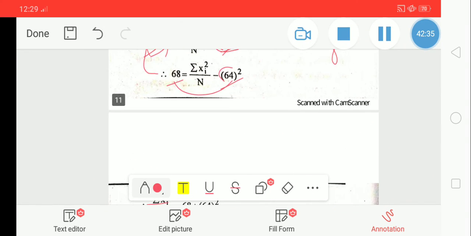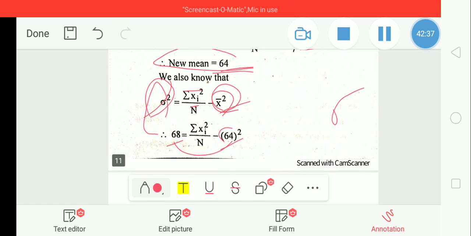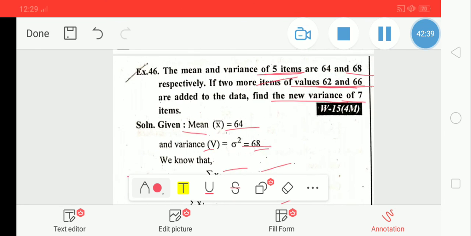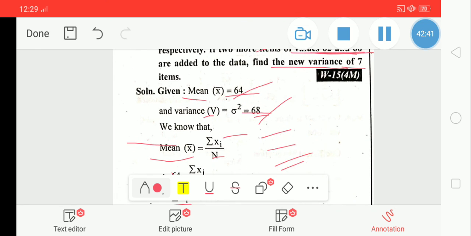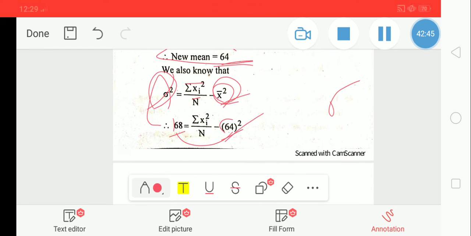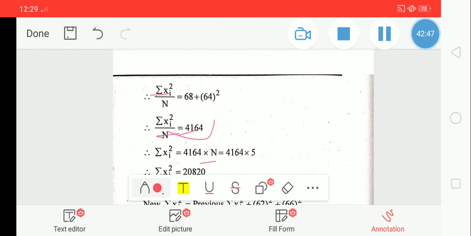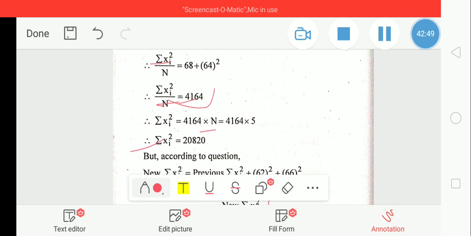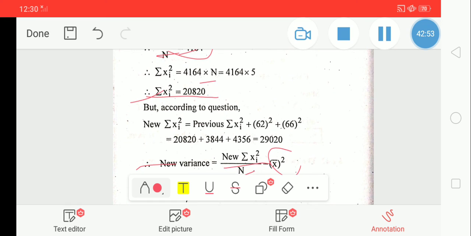Here we wrote mean, that is 64. Mean is given as 64 and variance is 68. So we put in 68 and 64 and find xi square for 5 items, we found the summation. Now finding the new one, we add the 2 values given.